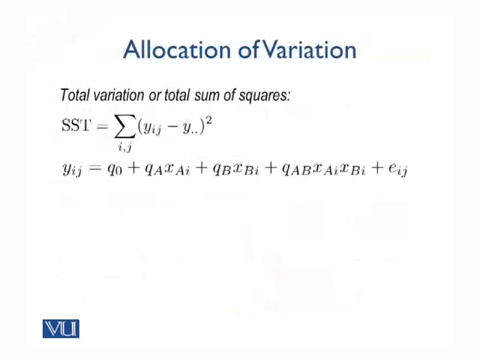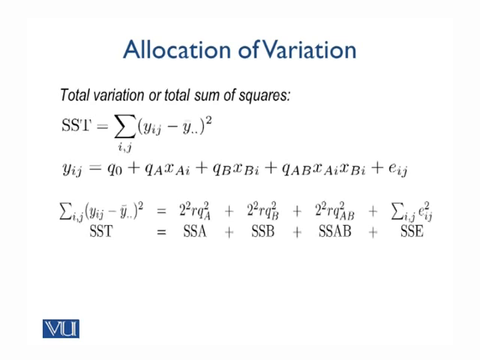From here we can calculate SST, which is in turn composed of SSA, SSB, SSAB and SSE. All of it is the same as the 2 raised to 2 design, except that we have an additional SSE term.